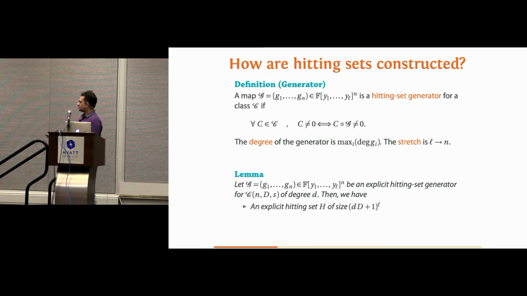You now have a non-zero polynomial of degree at most d times capital D, because you plugged in degree D polynomials, and so you just use the polynomial identity lemma. The crucial thing is that instead of having an exponent of n, you now have an exponent of L, which is substantially better.